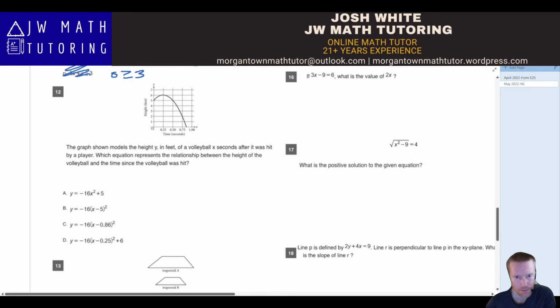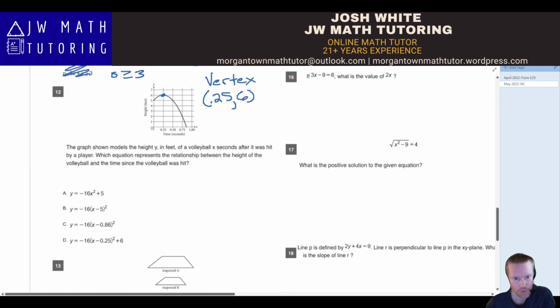Okay, so notice that the vertex of this quadratic function is going to be right here at an x value of 0.25 and a y value of positive 6. It's also the maximum value of the function, basically because it opens down, because a is negative.